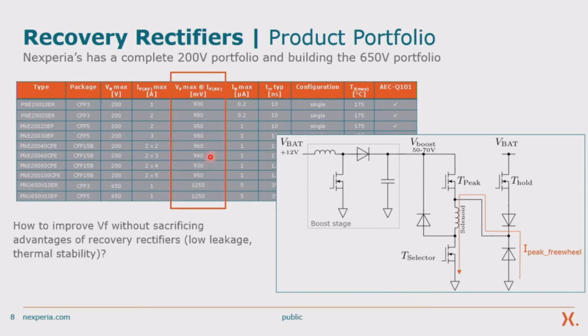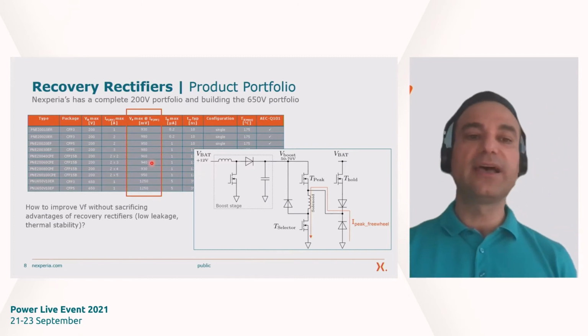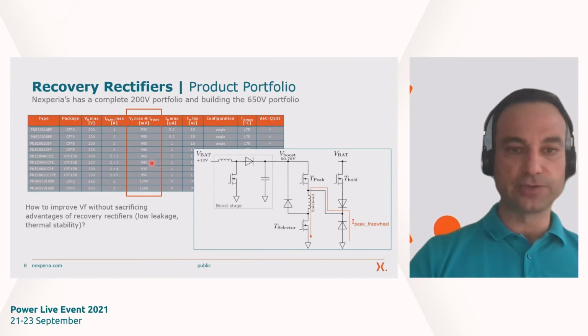So the question is how we can improve VF without sacrificing advantages which come with a recovery rectifier with a PN junction, which is the low leakage and the wide safe operating area. We have been working on that in recent years, and we came up with a technology based on silicon germanium. And on the next slide, I would like to briefly present the silicon germanium technology.